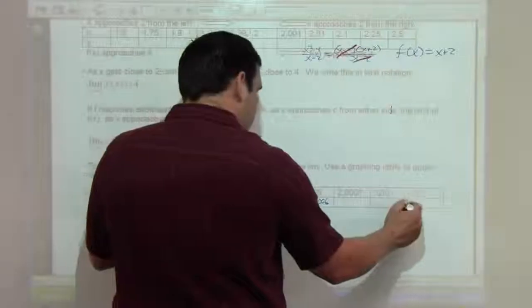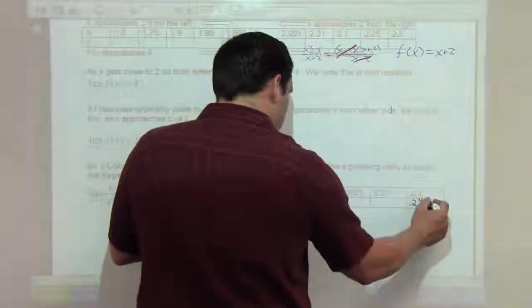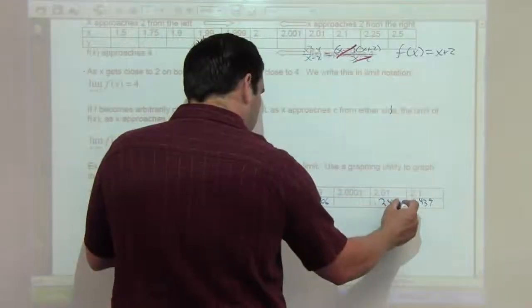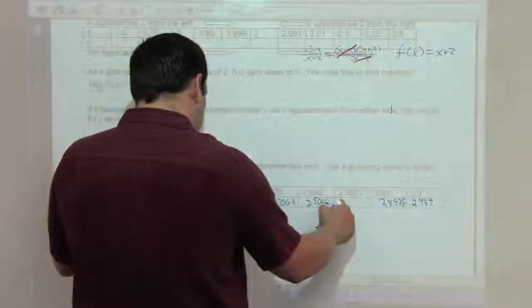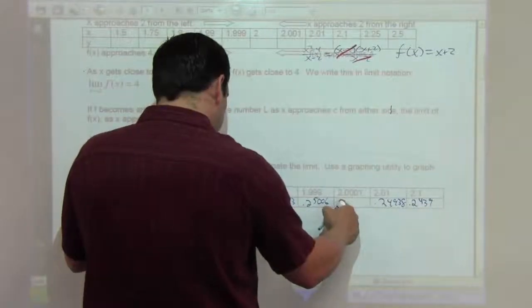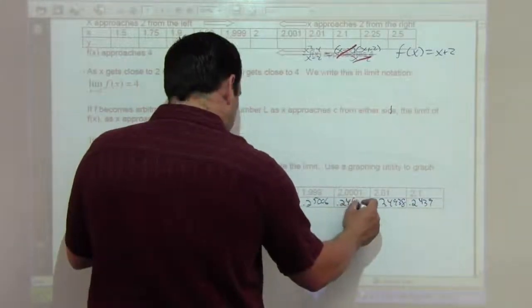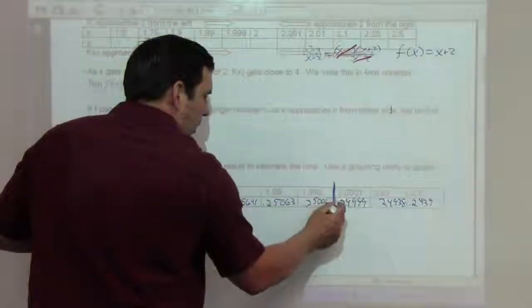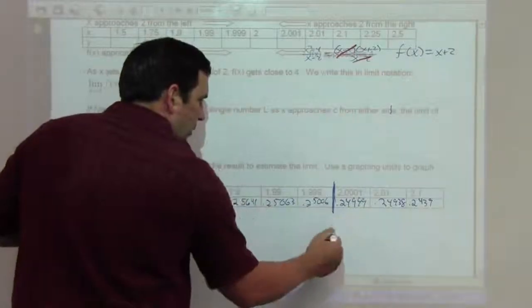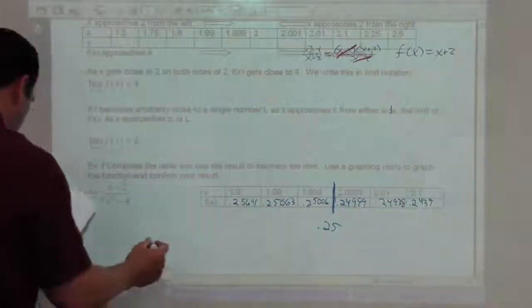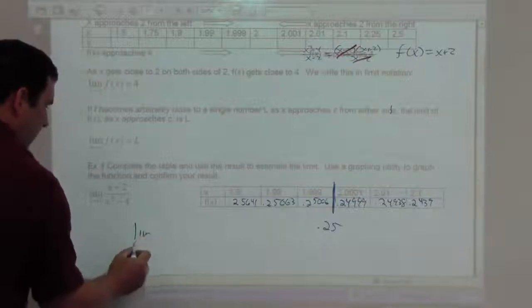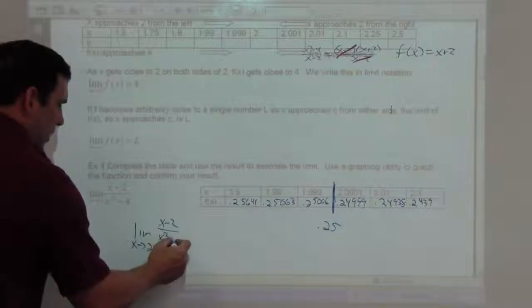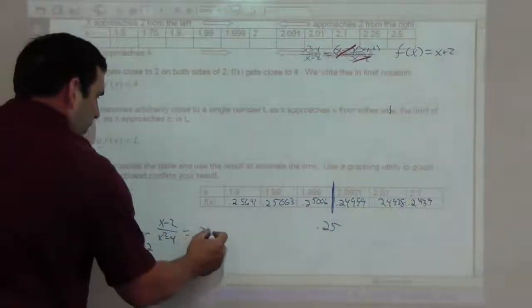How about the other side? 2.1 gives 0.2439, 2.01 gives 0.24938, 2.001 gives 0.24999. So from either side, it's going towards 0.25. So our limit as x approaches 2 of x minus 2 over x squared minus 4 is going to be 0.25.